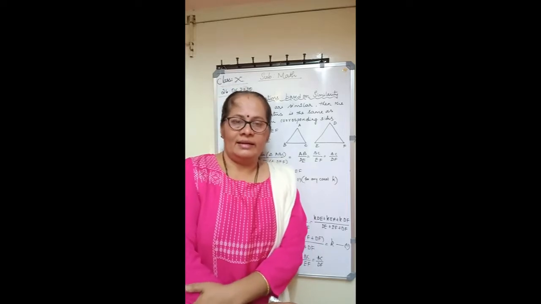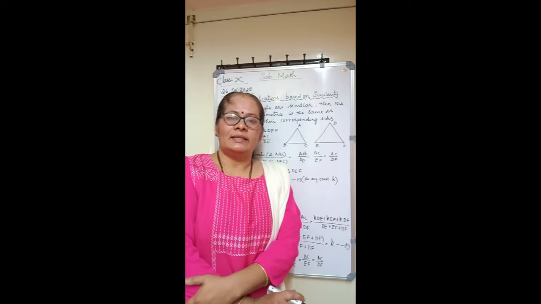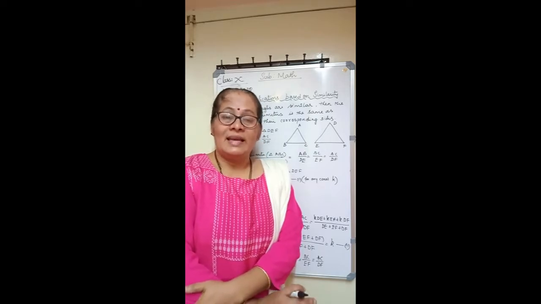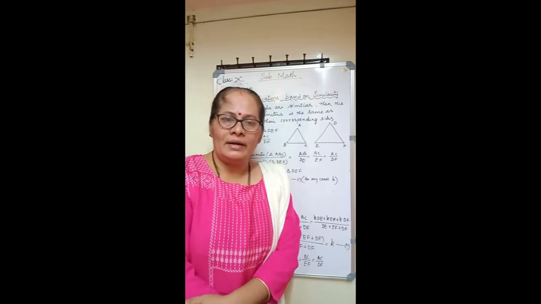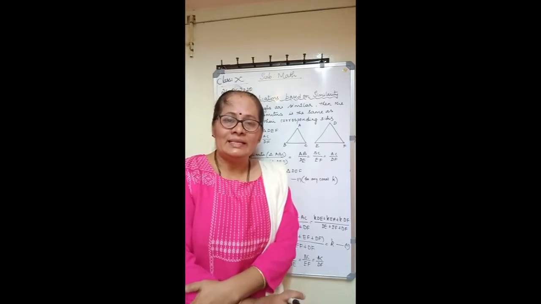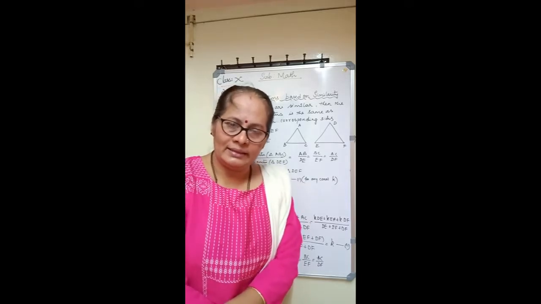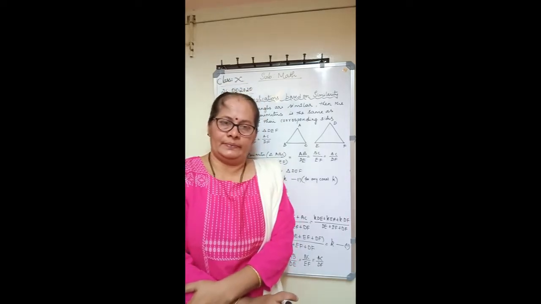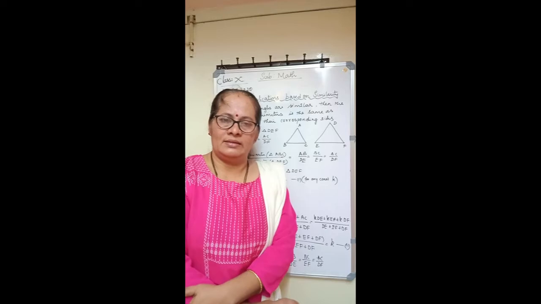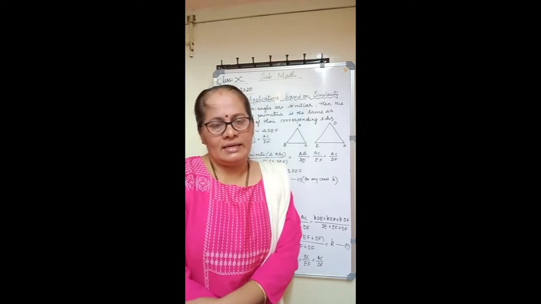Then second criterion, SSS criterion. In this SSS criterion, if the three sides of one triangle are proportional to three sides of the other triangle, then their corresponding angles are equal. And then you learned SAS criterion.